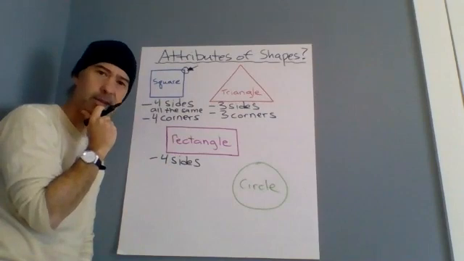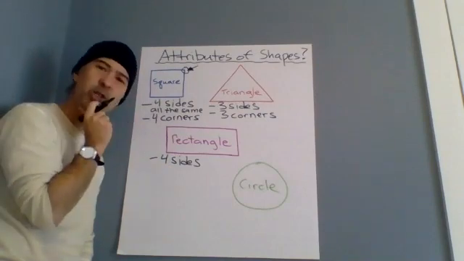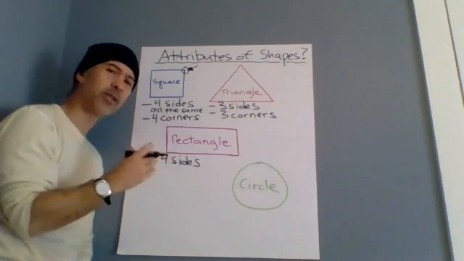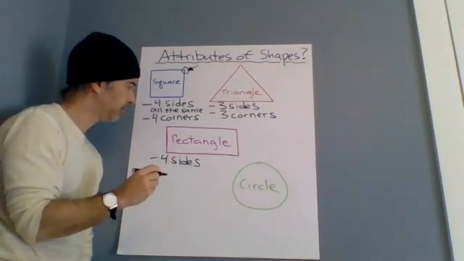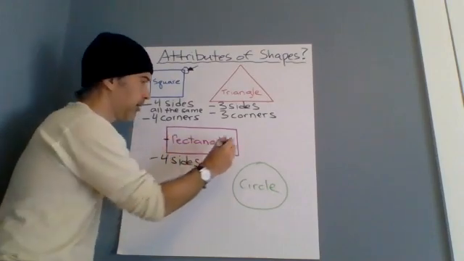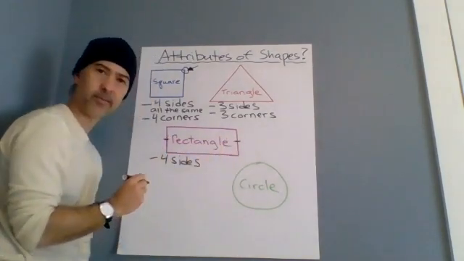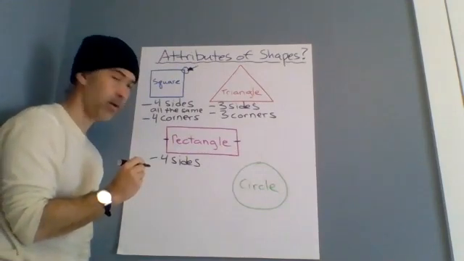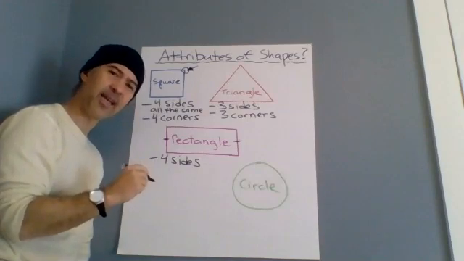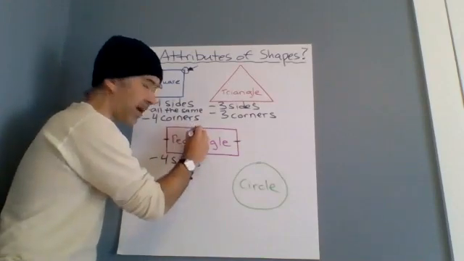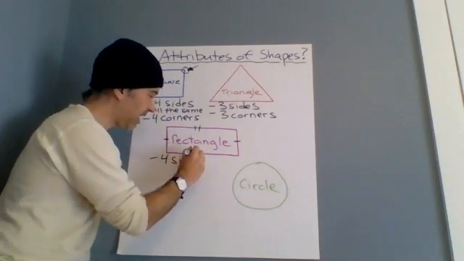No, they're different. Which two sides are the same? Which two sides look the same? This side looks the same as this side. You agree? Okay. Are there any other sides that look the same? Well, this side looks the same as this side.